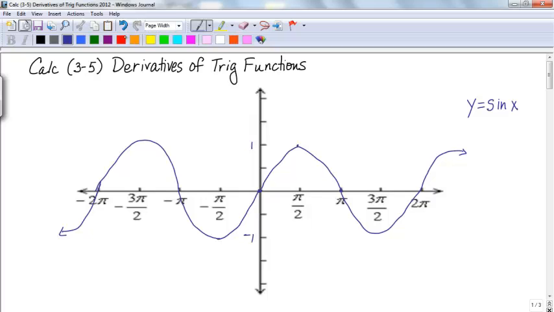Then what I want you to look at is taking the slope of the tangent line at the major points. So if we did the slope of the tangent line at x equals 0, where I can figure the rise over the run, the slope at x equals 0 would actually be 1.